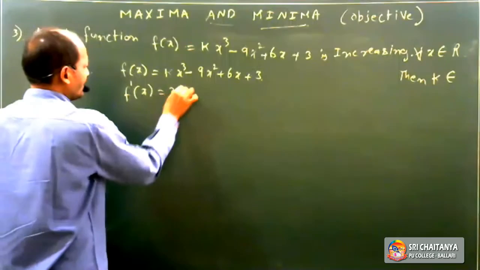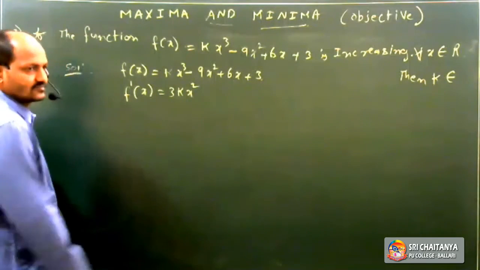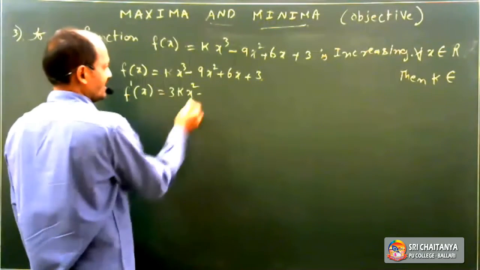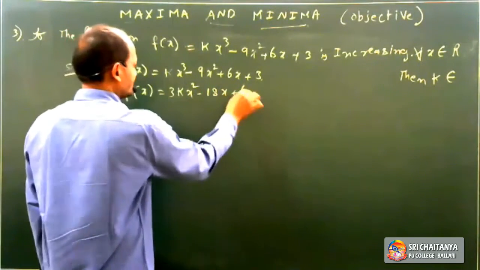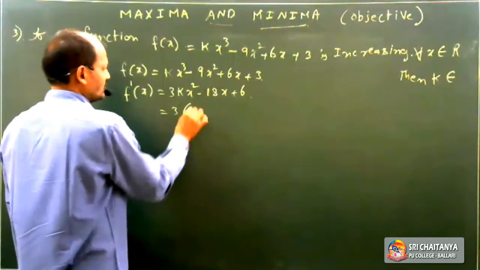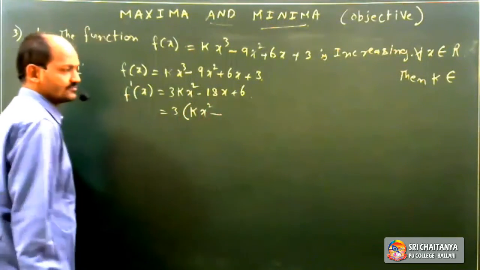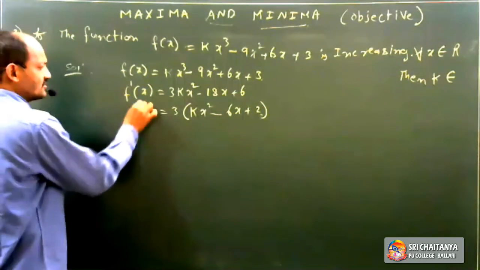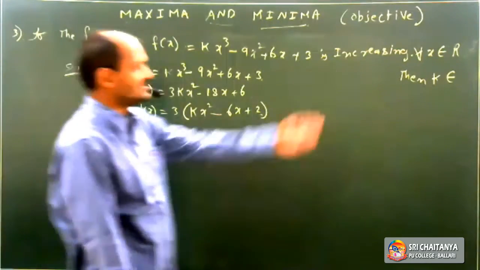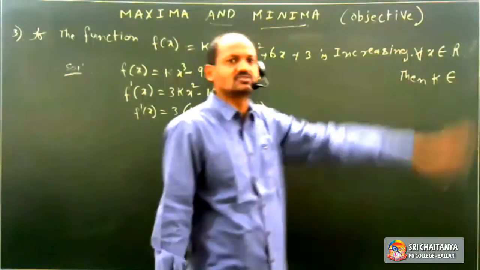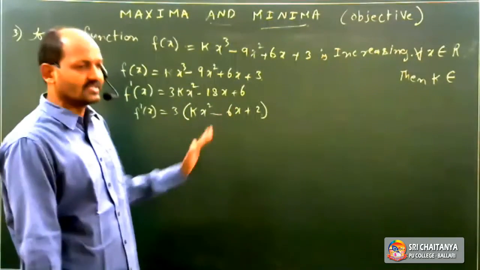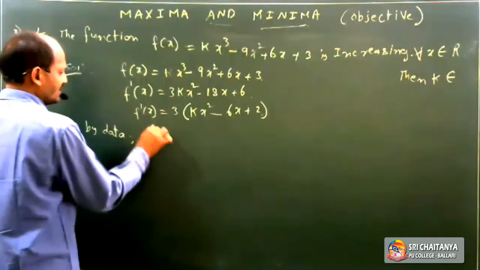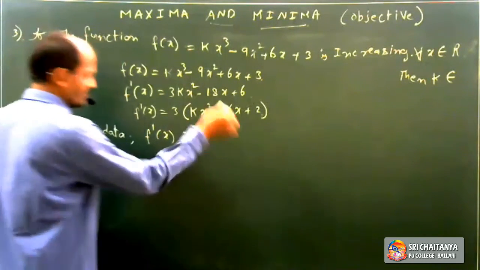It is 3kx square, k constant, derivative of x power 3, minus 18x plus 6. It is 3 into kx square minus 6x plus 2. It is the first derivative. But given it is an increasing function for all x belongs to R, that means by data, f dash of x is greater than or equal to 0.